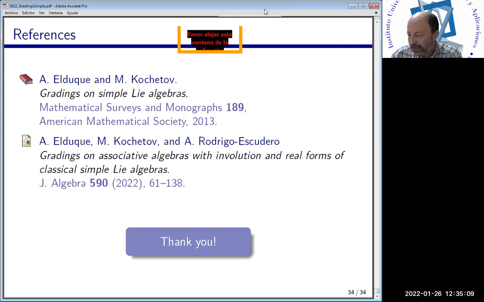Yeah, I guess so. Each time you have a grading of a certain type, this explains some symmetries of the algebras that are important.